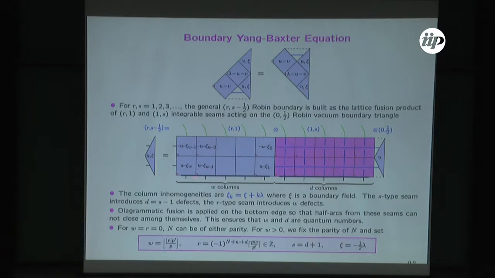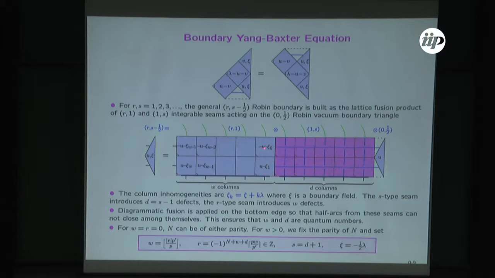Then there is another seam. This is of R-type, so it's labeled by R1. So this one has W columns. I'll say how W is related to R in a moment. And this is where the boundary parameter xi occurs. So you see we have a spectral parameter here, no spectral parameter there. And here we have inhomogeneities, column inhomogeneities xi k, where you shift, as you increase k, you shift by plus lambda as you move to the left.